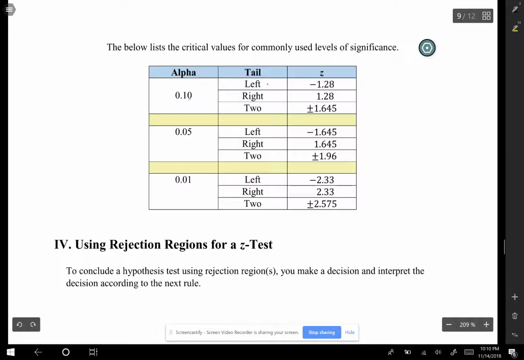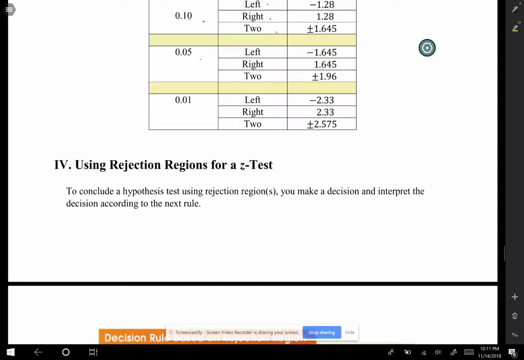So are we looking left, right, or two-tailed? So these are the values that you'll use. Your level of significance that you typically have would be 0.01, 0.05, or 0.10. So this little table is a handy reference instead of having to use the big table. I would suggest you make a copy of this and have this along with the full table that we used in the previous chapters.